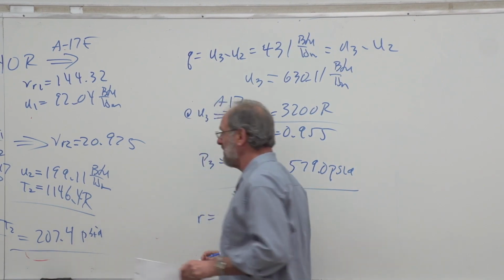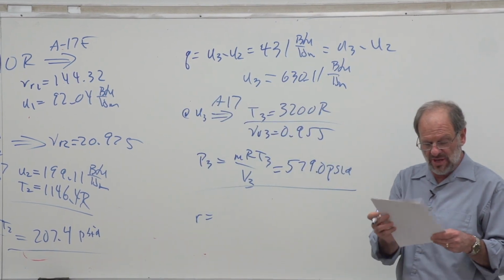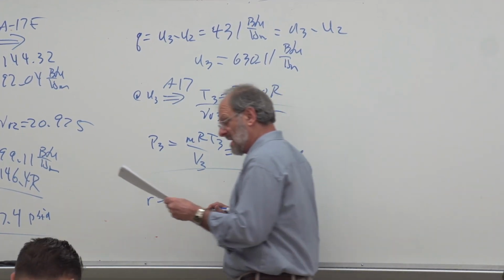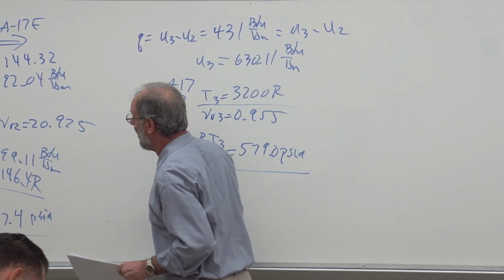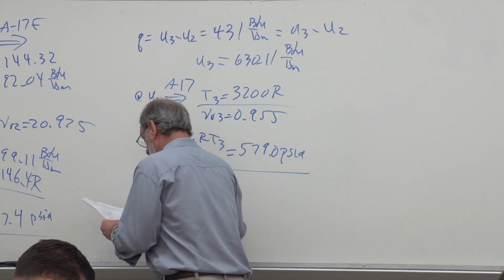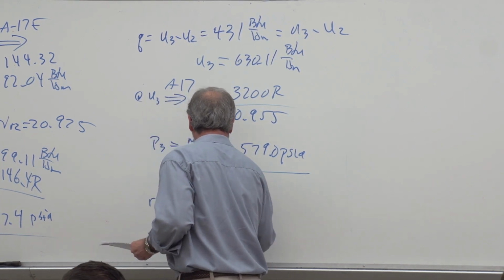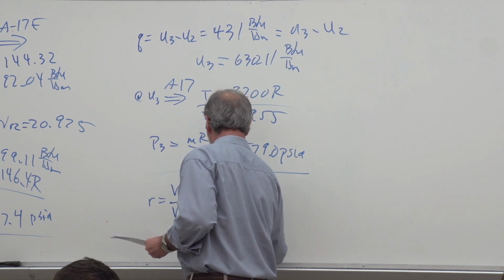So again, we have an isentropic expansion process from 3 to 4. So R, the compression ratio, is also equal to V4 over V3, which of course is VR4 over VR3.